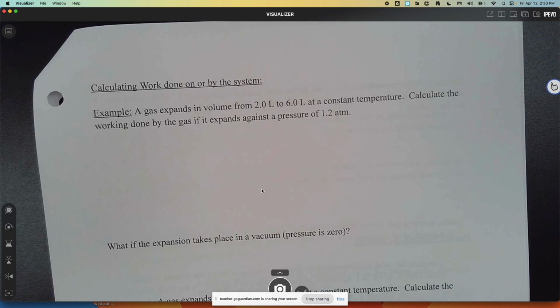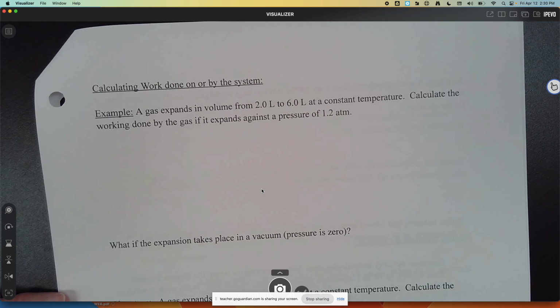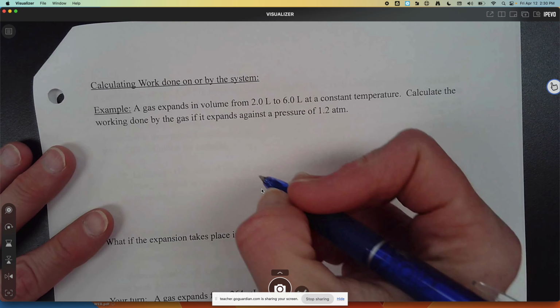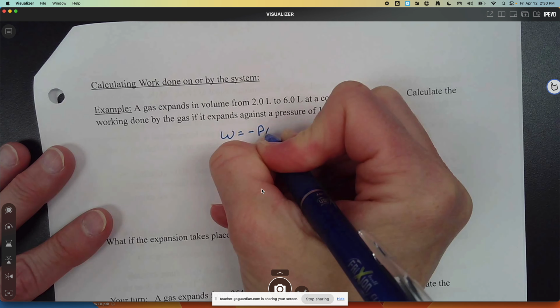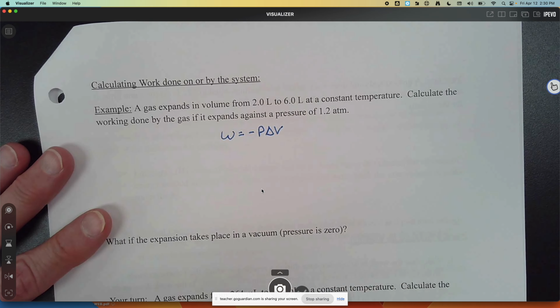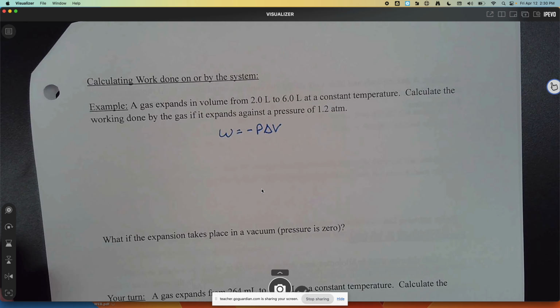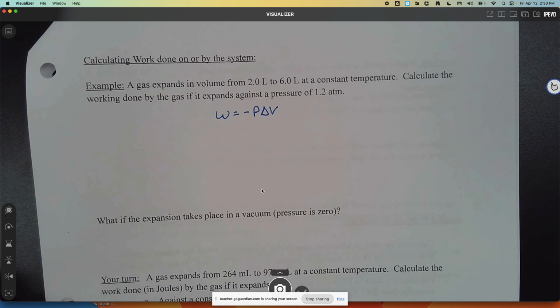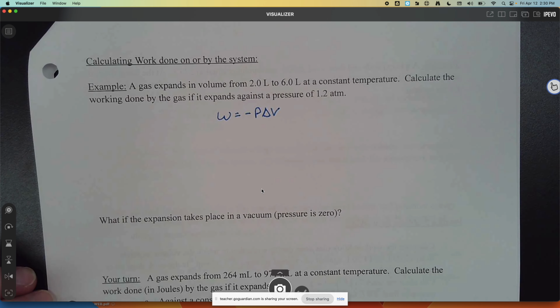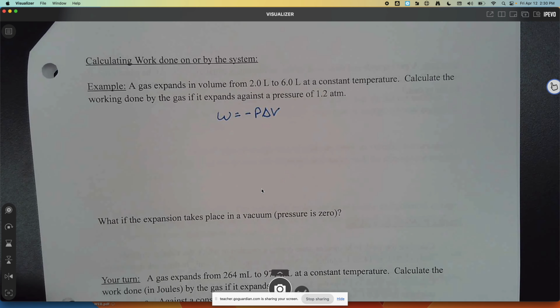Okay. Calculating work done on or by the system. All right, so bringing forward from the other page, working is the opposite of pressure times the volume. We want to calculate the work done by the gas if it expands against a pressure of 1.2 atmospheres.